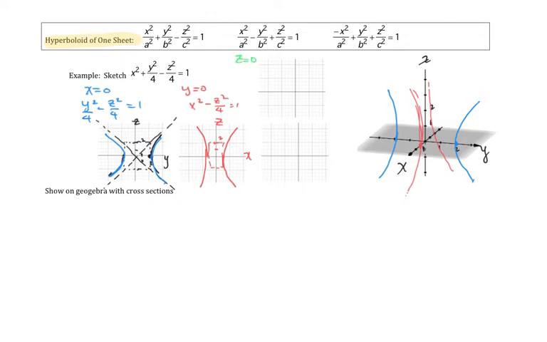If I put in z equals 0 into my equation, I get x squared plus y squared over 4 equals 1. So that would be in the xy plane, an ellipse, 2 units in the y direction, 1 unit in the x direction.